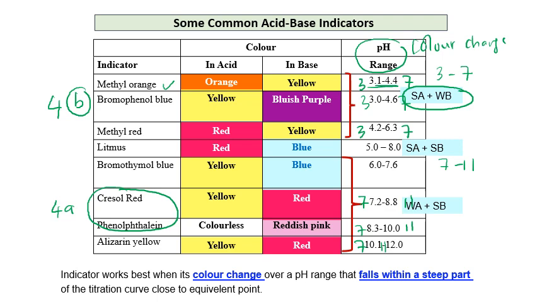Explain your answer: the indicator will work best when the color change is over a pH range that falls within the steep part. So all the ones we are choosing are within the steep part. This is how we determine the suitable indicator for a certain type of titration.